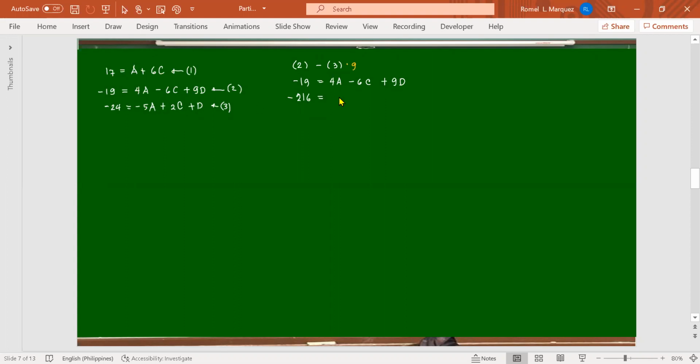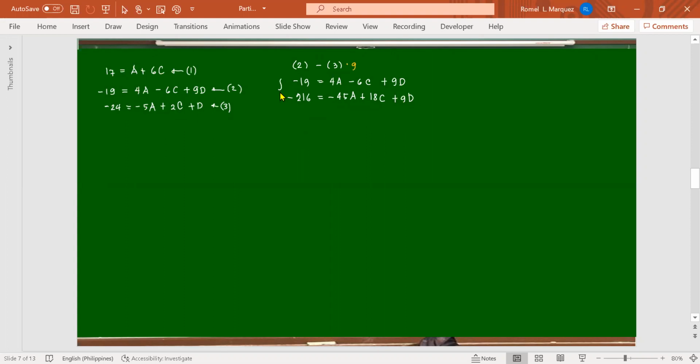This is negative 45, A times 9. This is positive 18C. And then plus 9D.